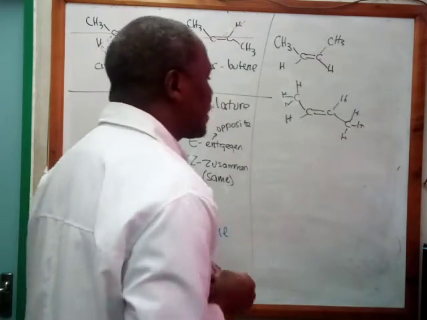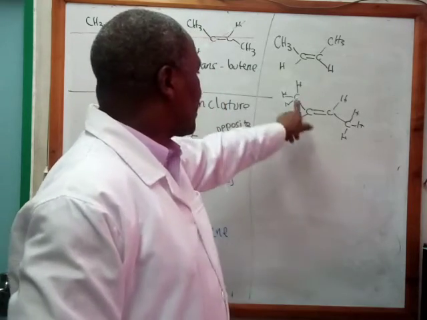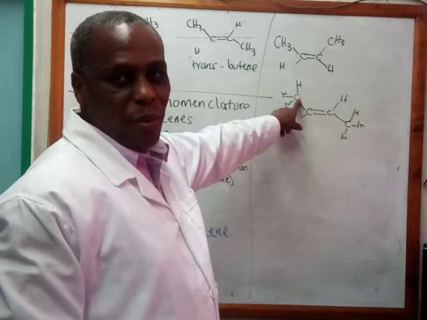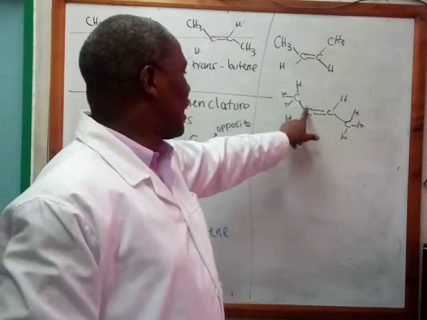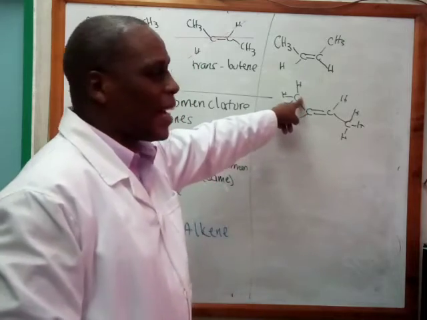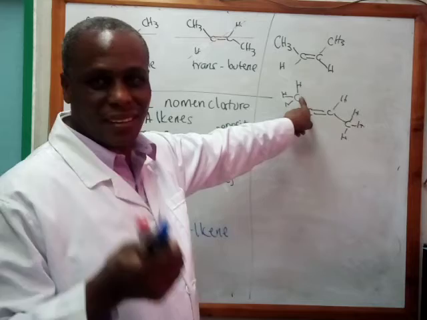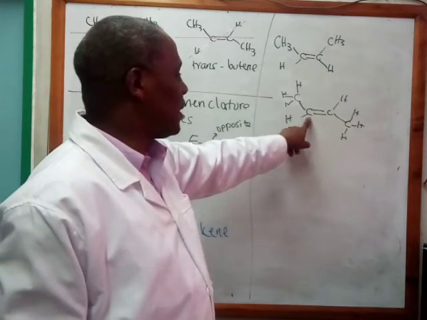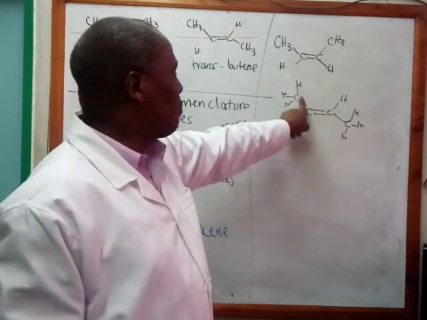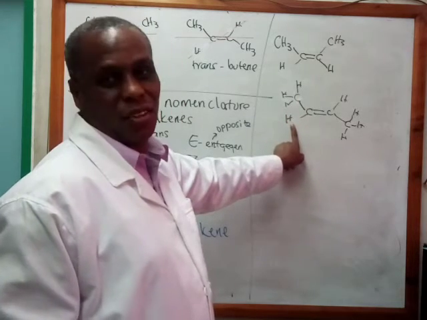So in this case, your focus will be on the atom attached to the double bond. In this case, the atom attached is carbon. And carbon has got a higher atomic number, which is, the atomic number for carbon is 6. For hydrogen is 1. So carbon has got a higher atomic number than hydrogen.